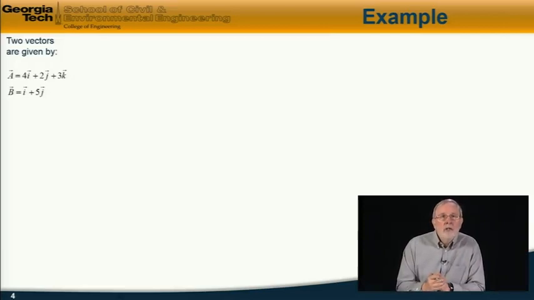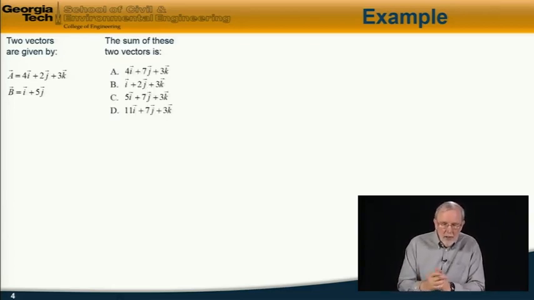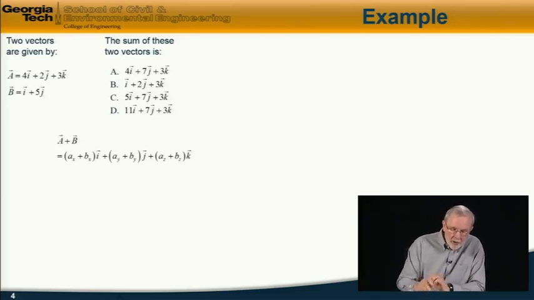Next, we have 2 vectors which are given by these 2 equations. A is 4i plus 2j plus 3k, and B is equal to i plus 5j. And the first question is, the sum of these 2 vectors is which of these? So the sum of the vectors, we can just add up all of the individual components here.